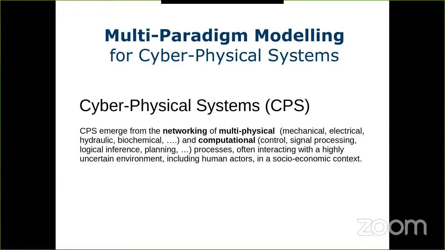So this is very, very broad. And it also acknowledges, in that last part, that it's not just technical, that the choices we make in the systems we engineer have an impact on our socio-economic fabric, and vice versa, of course.